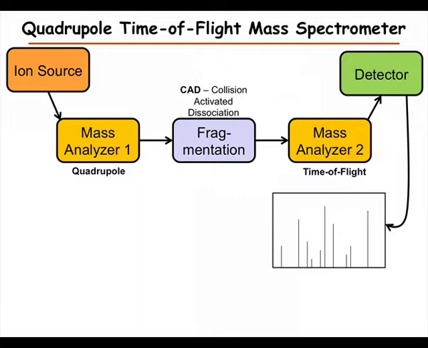So if we look at how a quadrupole time of flight mass spectrometer is used. Oh yeah, so now we're going to look at some hybrids where people put together different analyzers. So what we have is an ion source, then first a quadrupole, and then a fragmentation chamber.